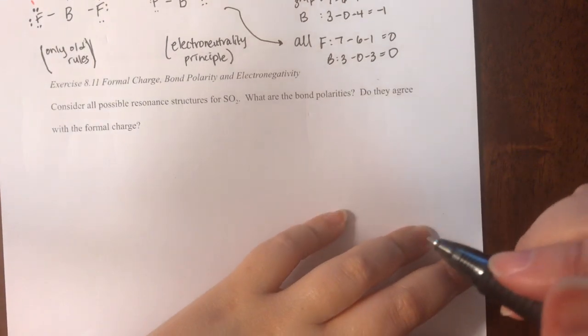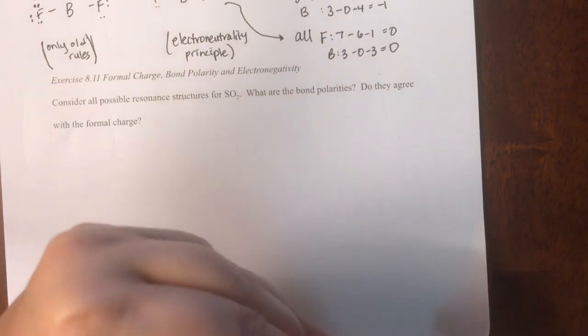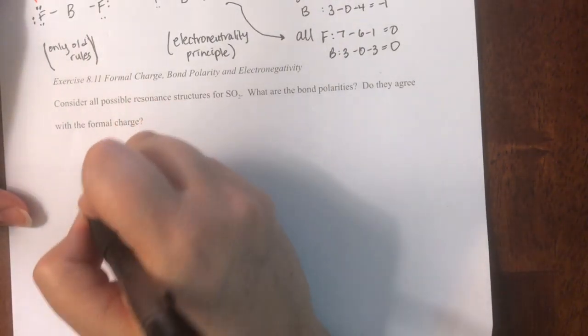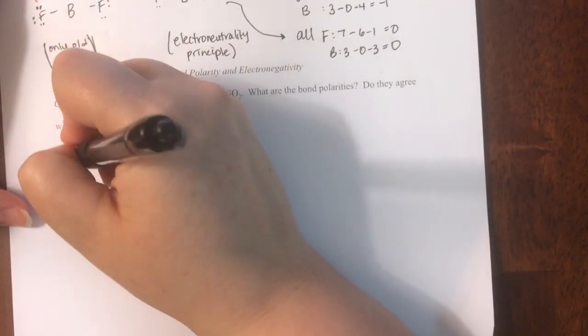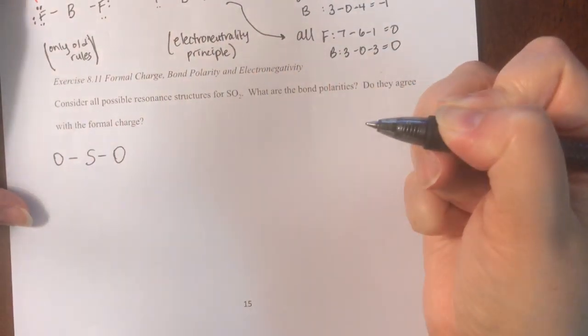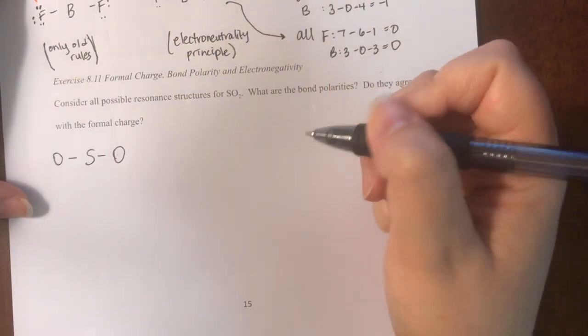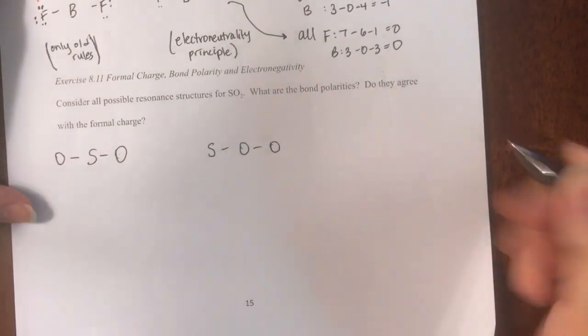Okay, and then let's do SO2. This is the way we learned how to do things. We said S is going to be in the middle, because it's lower and lefter than the O. But what if instead we had decided to try to do this? Like, what if we didn't know that rule?